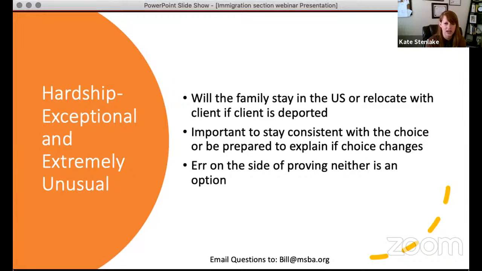I usually err on the side of trying to prove both, just because that way it covers all your bases. So you want to prove not only that if the family was separated, as in the qualifying relative remained in the United States while the client had to live in their home country and was unable to come back to the United States, that would be hardship, but also that if the family relocated together to the home country, that would also not be possible. You can go on to the next slide.